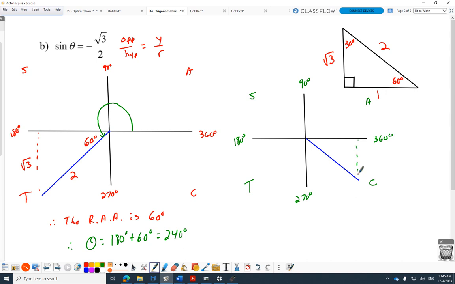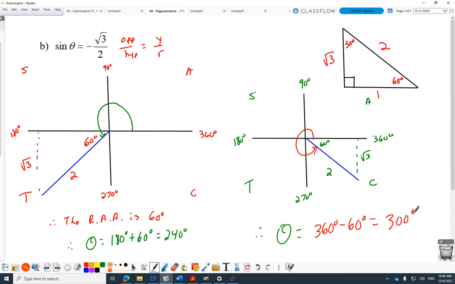Opposite is root 3, hypotenuse is 2, so that's 60. Therefore, this time, theta is 300. Because I got to take the 360 this time and subtract the related acute angle. See, that related acute angle, it's related to the answer. The 60 helps you get the answer, but it's only related to the answer. It's not the actual answer. Unless we're in quadrant 1.